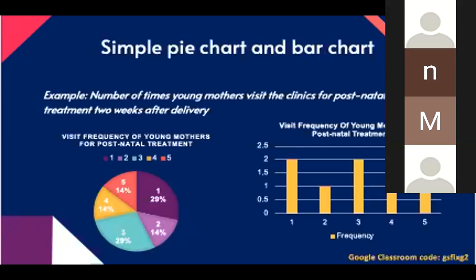So it is up to your liking for the selection. Typically, for pie chart, you must have 3 or more groups, because if you have just 2, it will not be accurate. So it usually will use 3 or more groups for pie chart, but for bar chart, it's fine to have just 2.